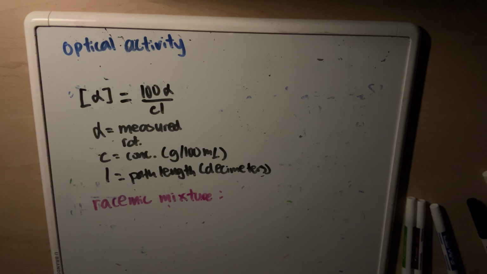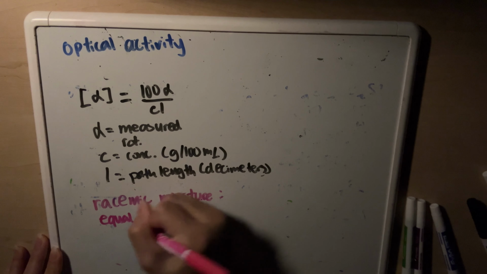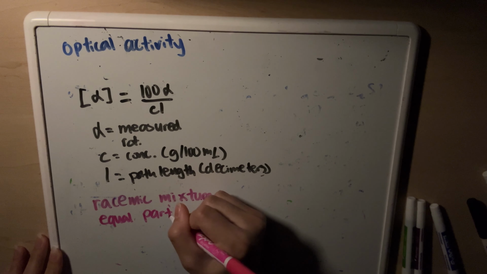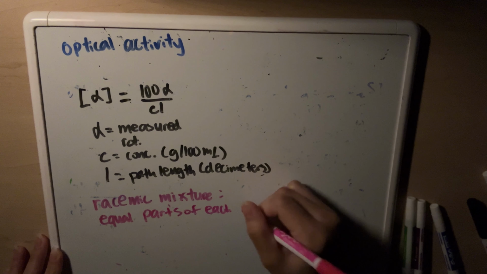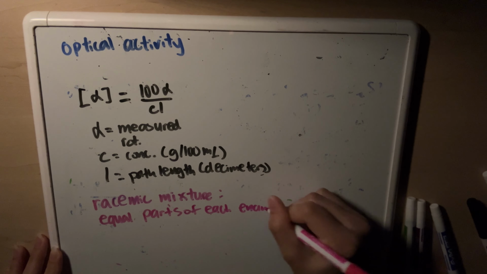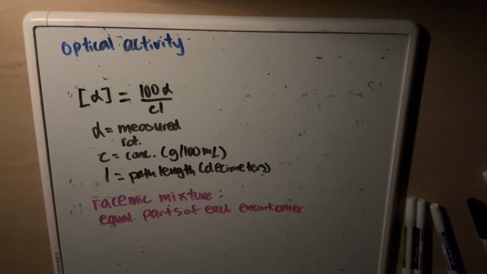So a racemic mixture is when it has equal parts of each enantiomer, so R and S equal parts of each enantiomer. And that means there's no net rotation of the light, because if it's equal parts, it basically cancels each other out, R and S.